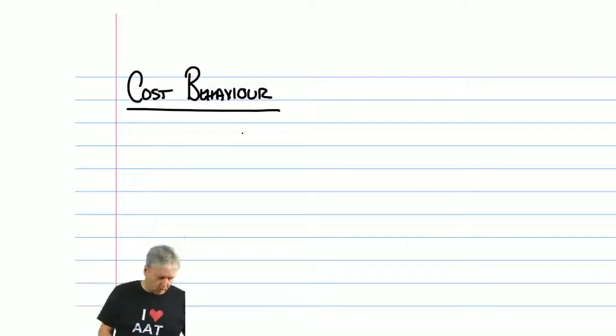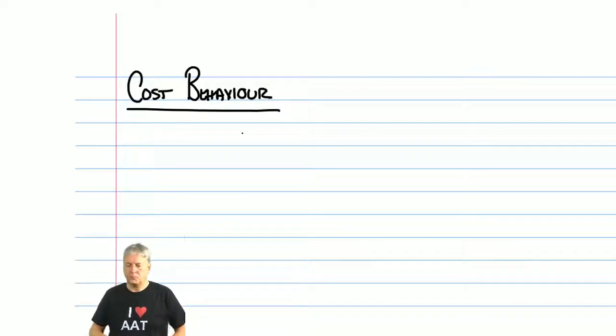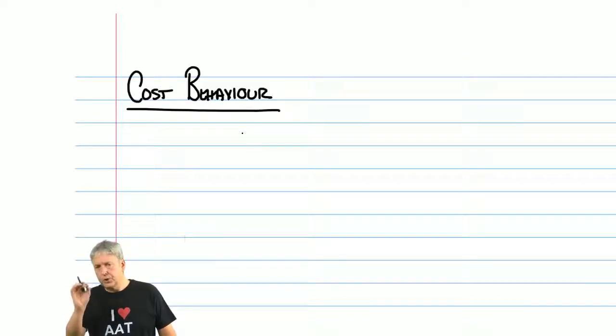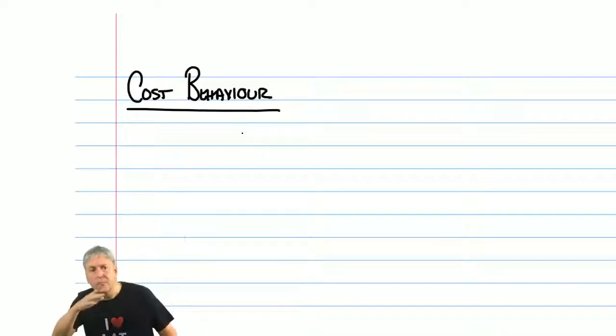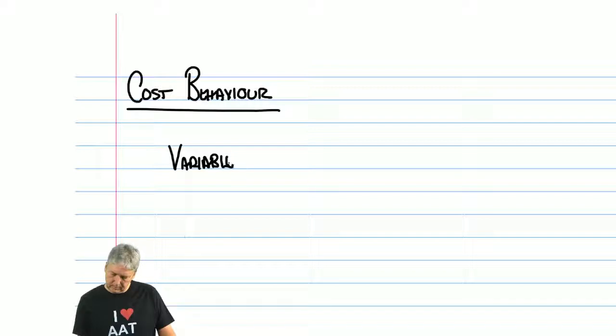And when we look at cost behaviour, what we want to focus on is two key distinctions. We can get more sophisticated, and you will when you get to level 3 and level 4. But all we want to look at at this level is the variable cost and the fixed cost.